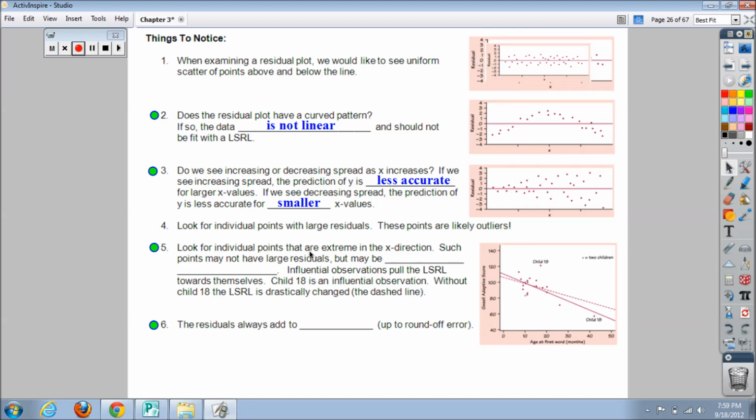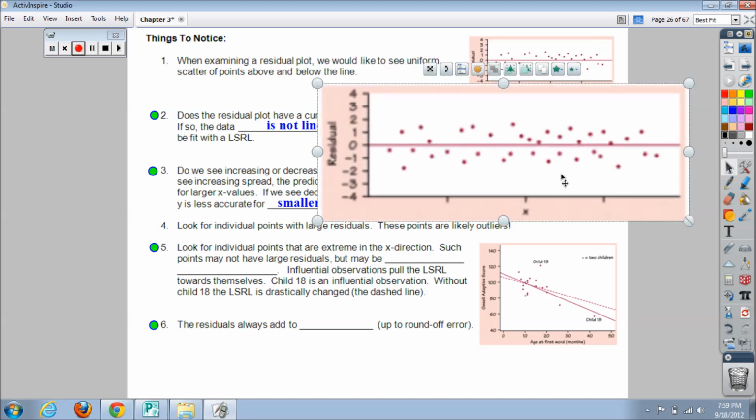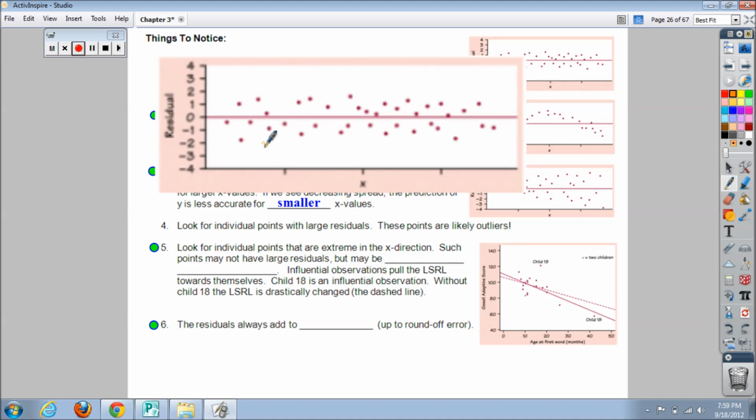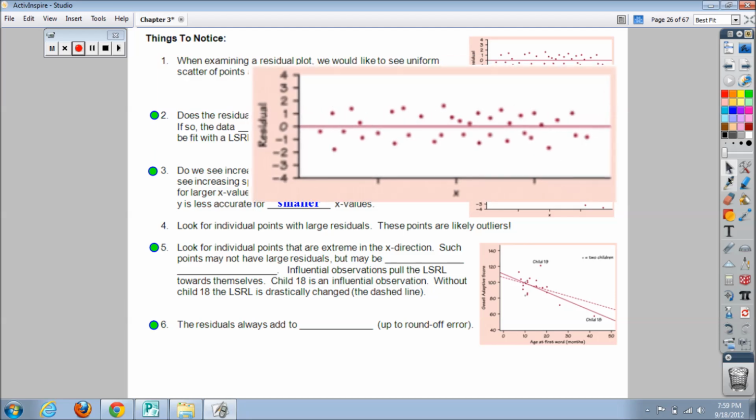Look for individual points that are extreme in the x direction. Let's say most of your data, most of your residuals, are here, and then you've got this one person way down here, and they may be right on the 0 line.